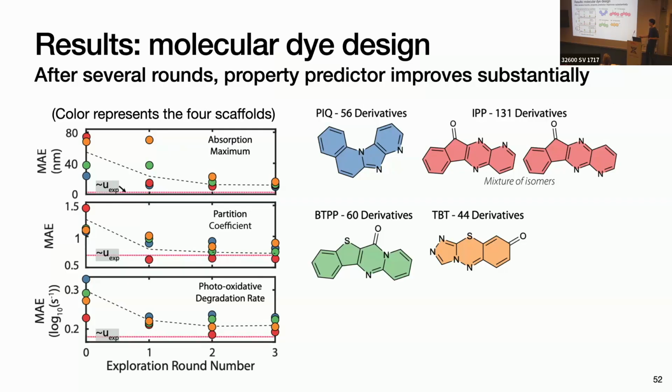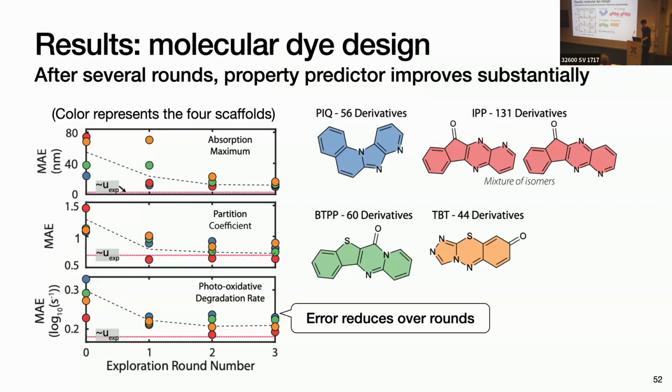And you can see across multiple rounds of this experimental design, you can improve the performance quite a bit, right? To almost experimental error. This red line is the experimental error, right? So that's kind of what we achieved.